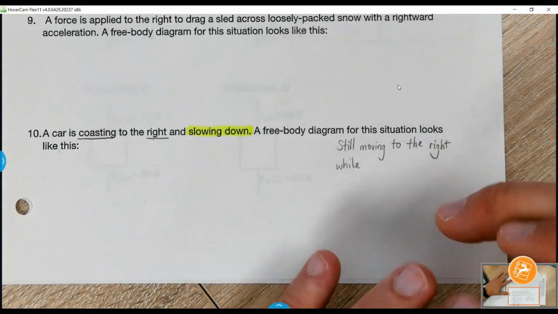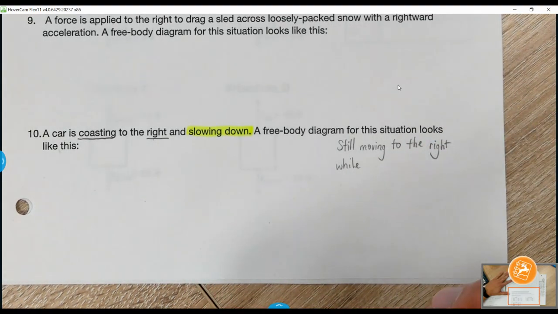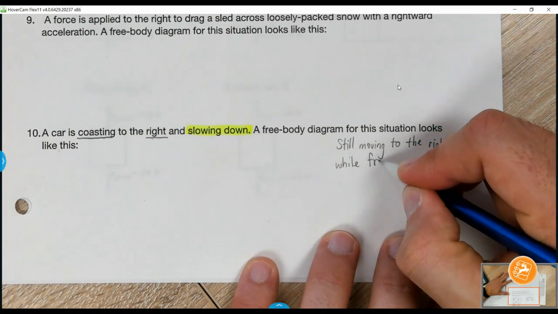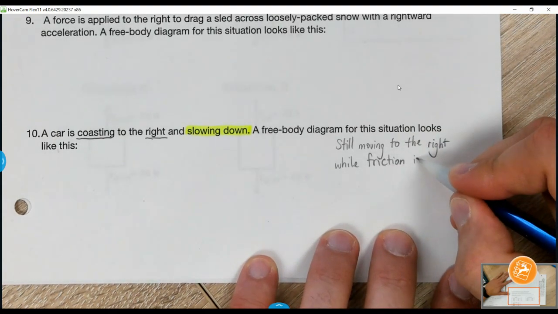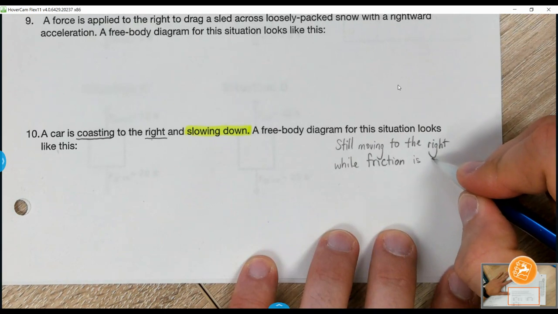Now, if you take your foot off the gas, what is the car going to do? It's going to slow down. Why do you think it's going to slow down? Because of what between the tires and the road? Good. So friction is slowing it down.